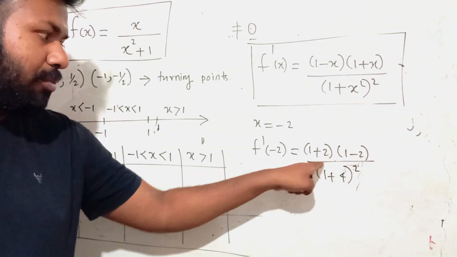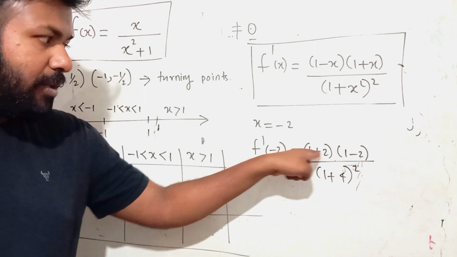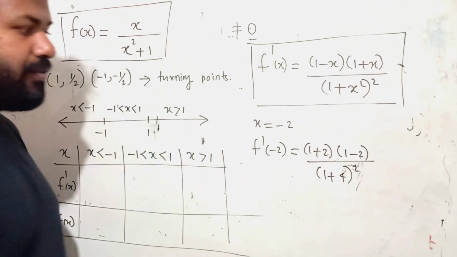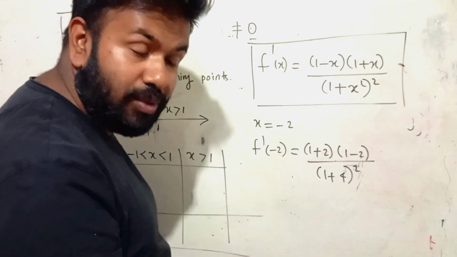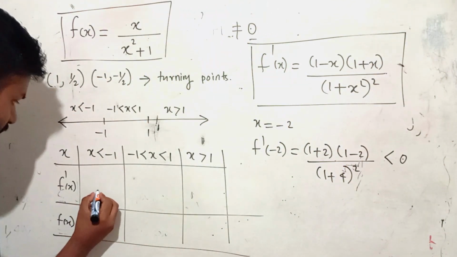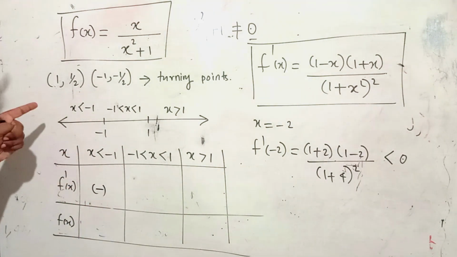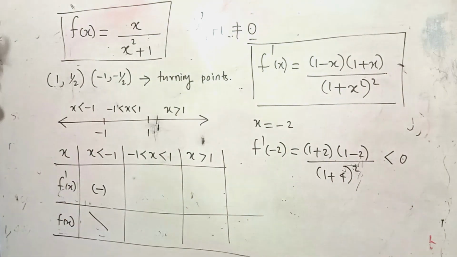So only the numerator is going to decide the sign of f dash x. 1 plus 2 is 3, and 1 minus 2 is minus 1. So this is definitely negative. So in this region, f dash x is going to be negative, which means in this region, when x is smaller than minus 1, f x decreases with x.